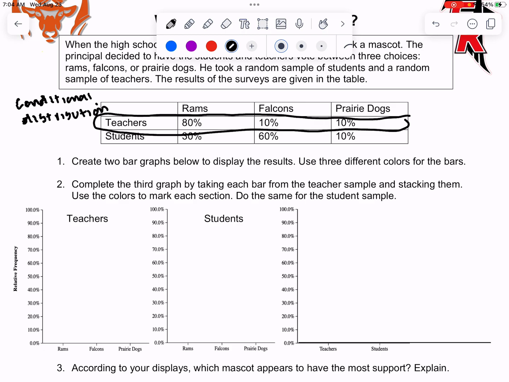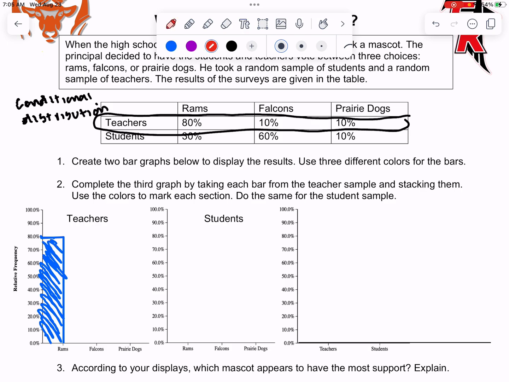So they want us to make first a side-by-side graph. We already have the percentages. So Rams I'm going to do in blue, and it's 80%. So their bar graph should look something like this, a little neater than that. Right, that's Rams for teachers.